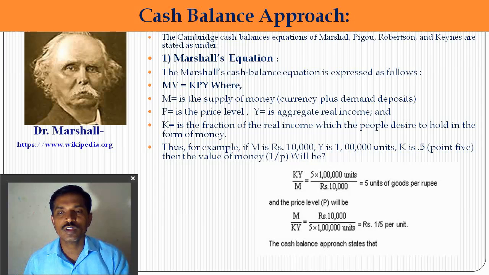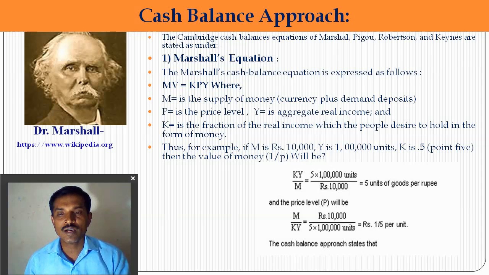We know 0.5 is K, multiplied by the units Y, which is 1 lakh units, and upon M, which is 10,000 rupees, so it equals 5 units of goods per rupee. That is the value of money.